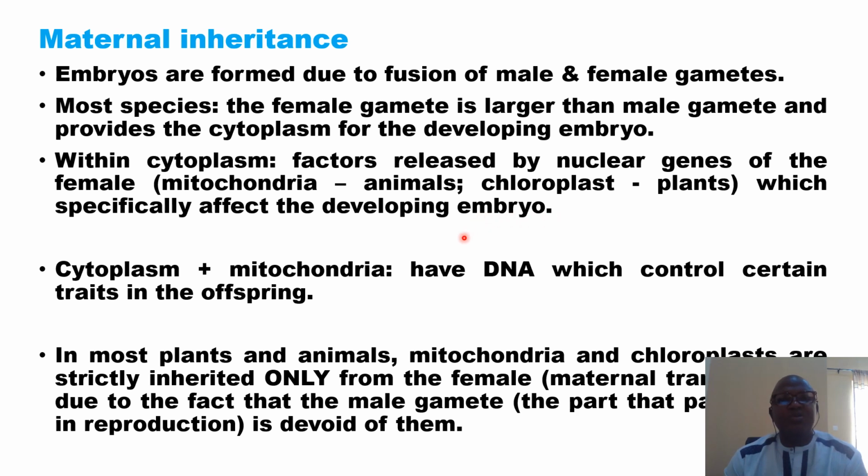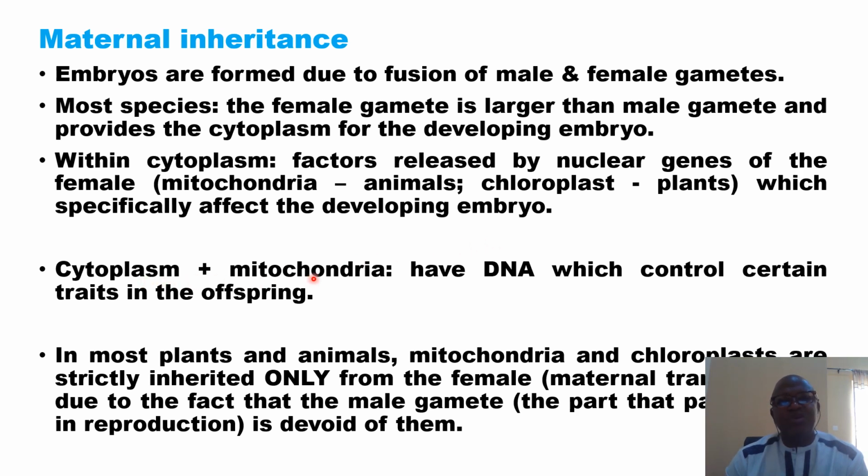Within the embryo, there are certain factors which are released by nuclear genes of the female, primarily the mitochondria in animals and the chloroplasts in plants, which specifically affect the developing embryo.